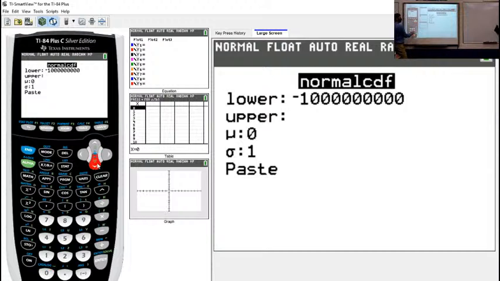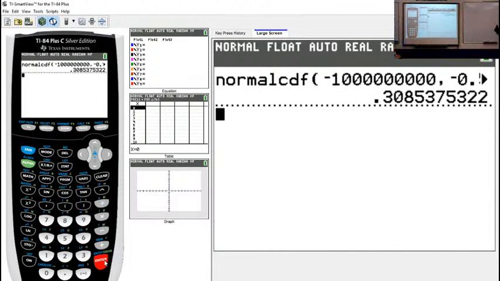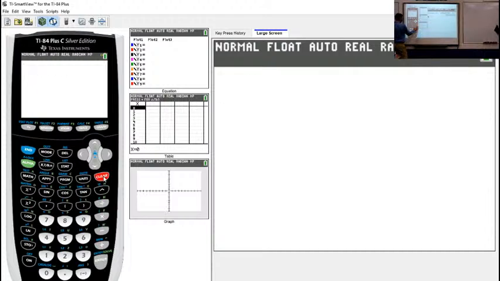Upper, our largest value that we want, is negative 0.5. Z-score, so mean is 0, standard deviation 1. 0.3085. Everyone getting 0.3085? Okay.